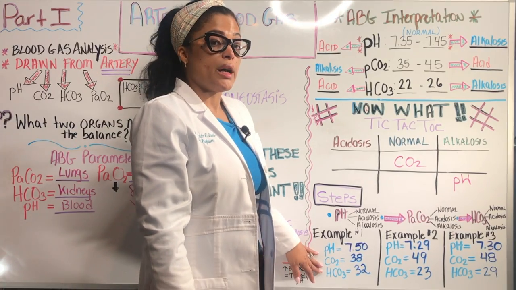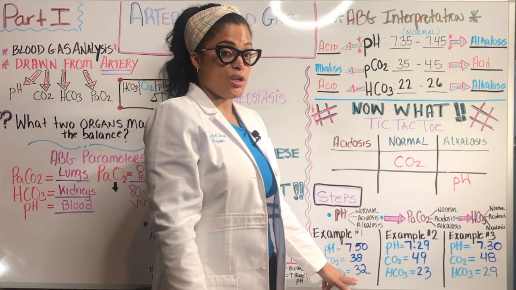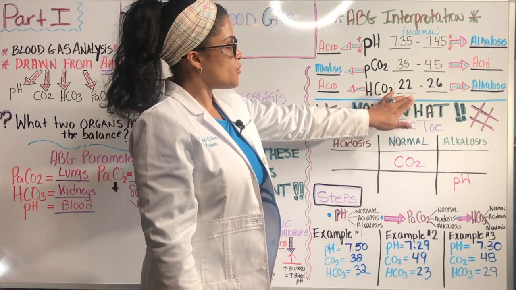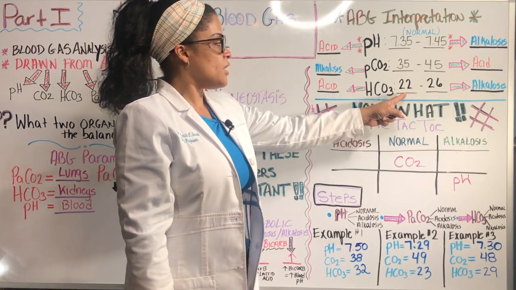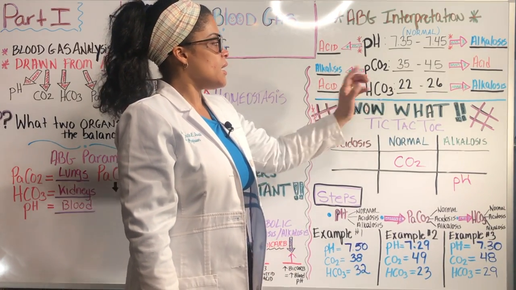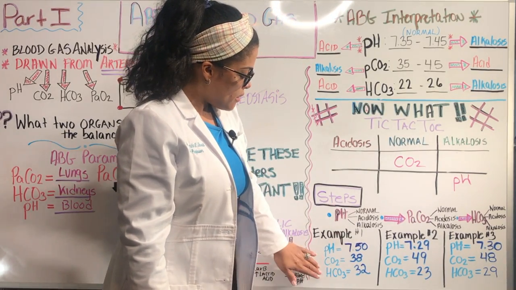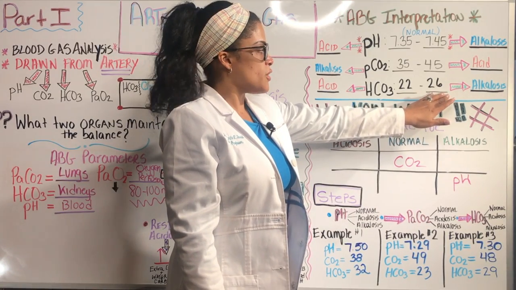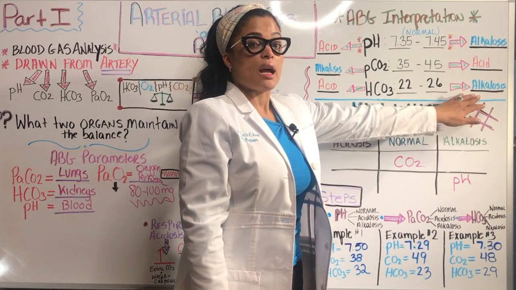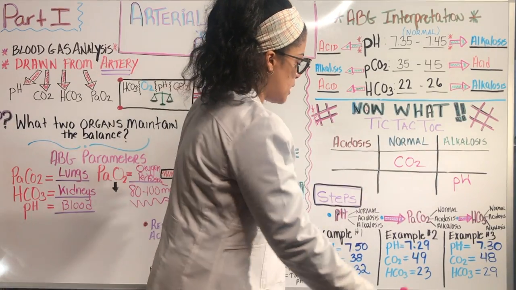Then we go to bicarb. Bicarb HCO3 is 32. The normal range for bicarb is 22 to 26. Anything below 22 is acidic, and anything above 26 is alkalosis. Since the number is 32, it falls over the maximum of 26, making it an alkaline environment. So we will plug it into the alkalosis column.